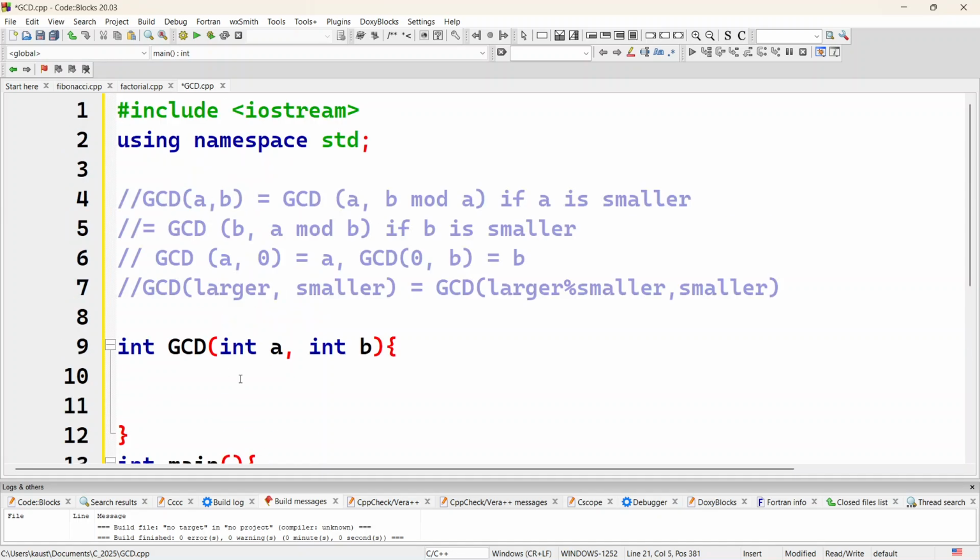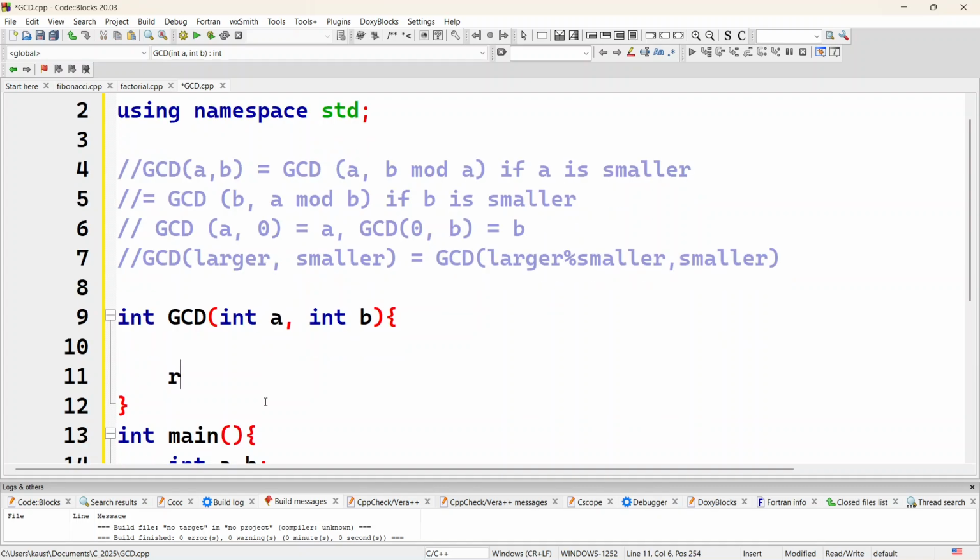Now, let's work on the GCD logic. I'll use this as my recursive case, but I will change it slightly.